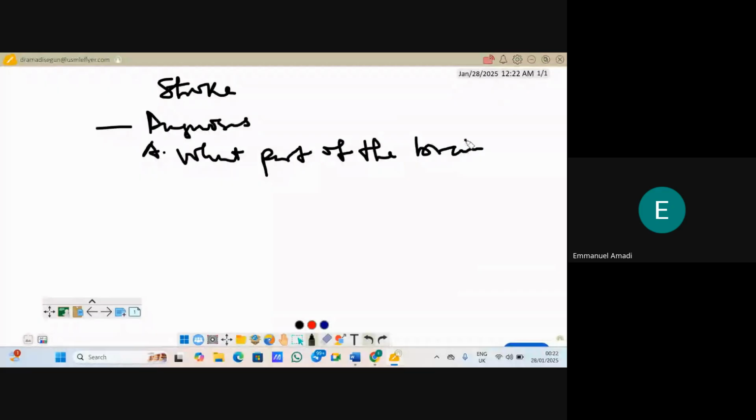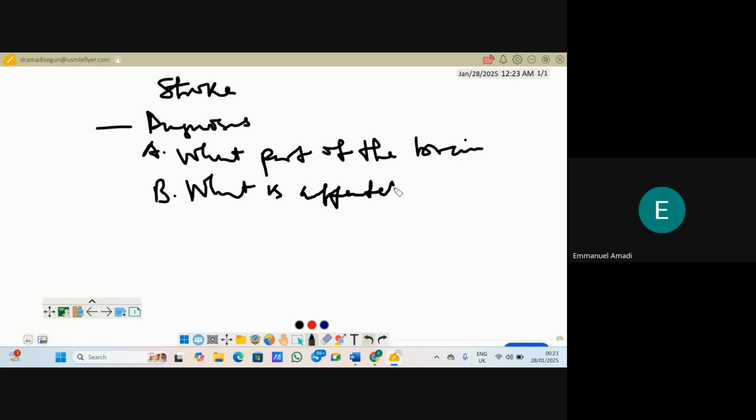You get a patient and they give you the patient presentation. They want you to be able to identify, with this presentation this patient has, which area of this patient's brain is likely affected. On the other hand, they also want you to know what artery is affected.